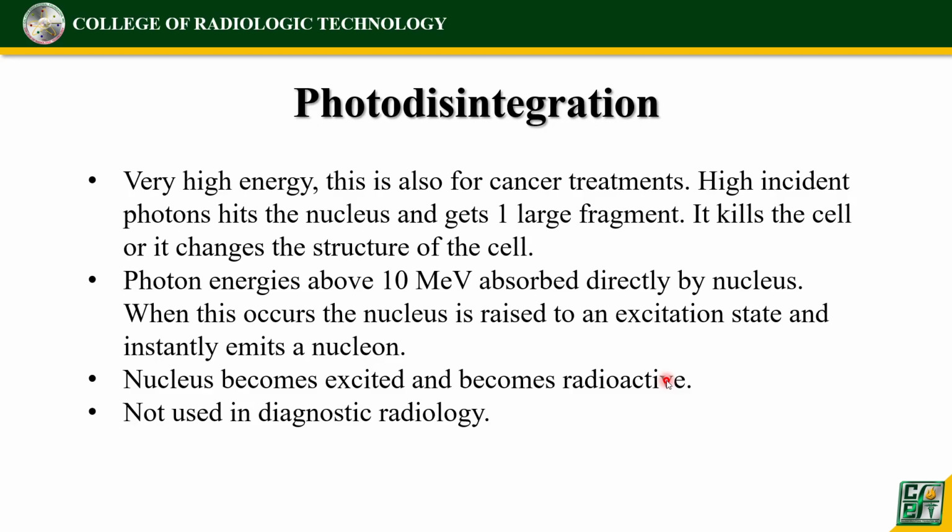We discussed only two emissions, the beta emission and the alpha emission. But what is the one missing? We discussed it already, gamma. Very good, gamma rays. Because in our lecture before, we said that in all radioactive emissions, there is always gamma emission.